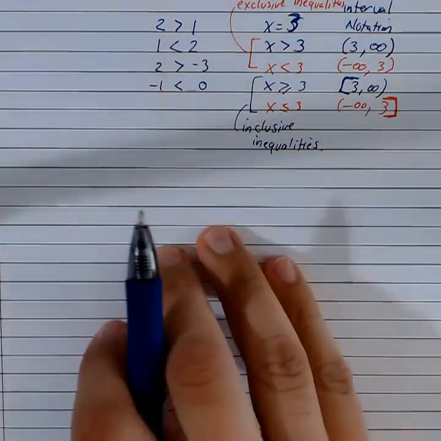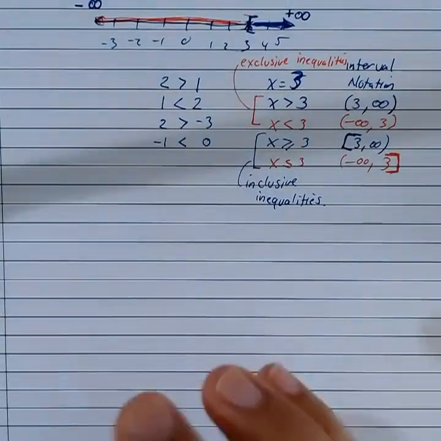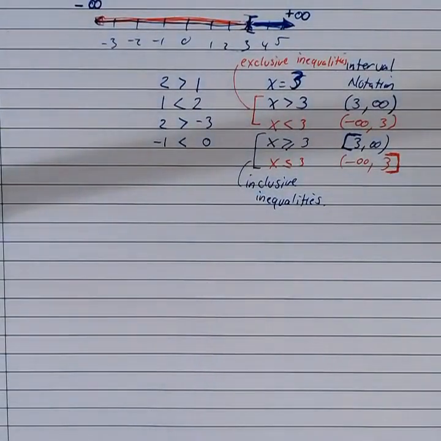So whenever we are simplifying to solve an inequality, you're going to notice that just about everything looks like what it looks like when you solve an equation.